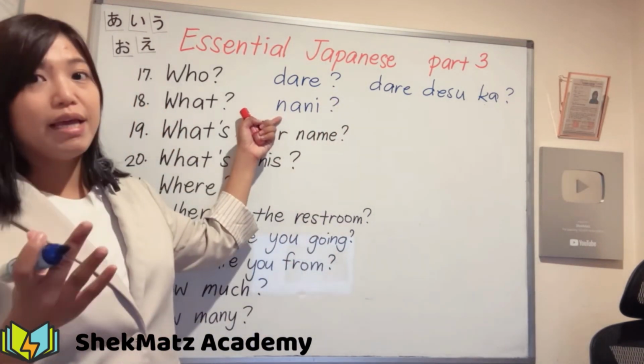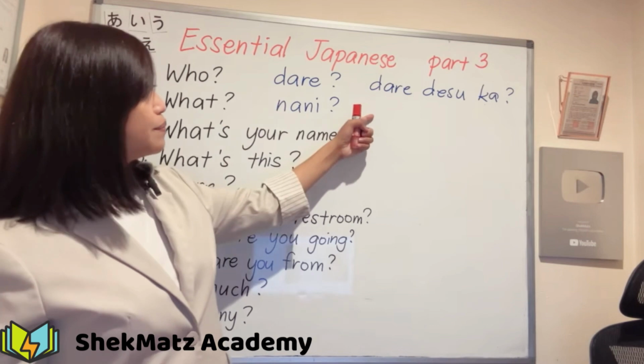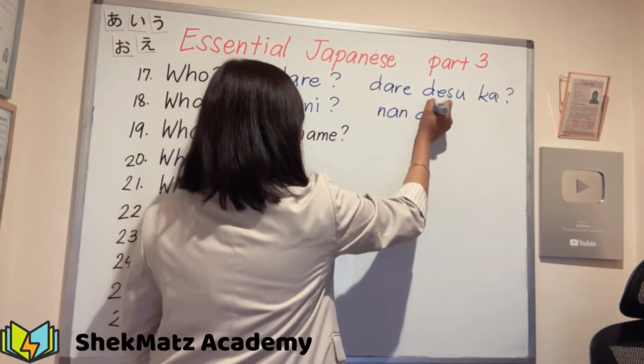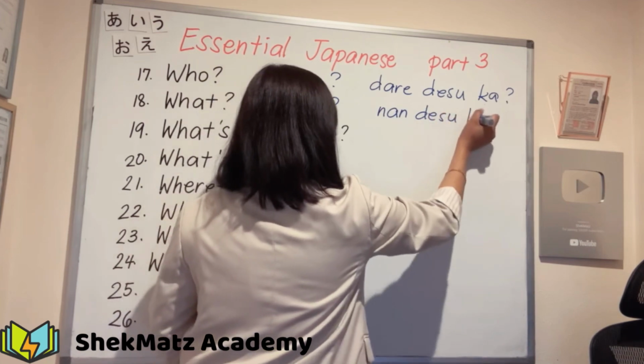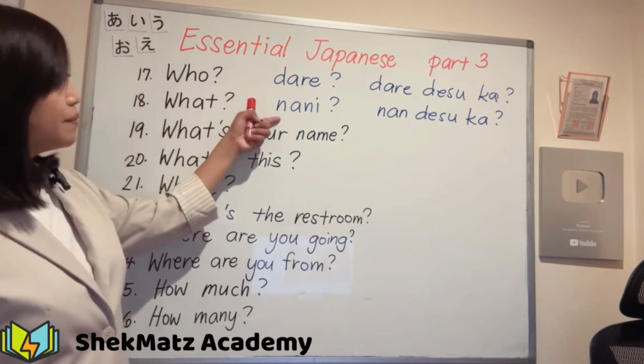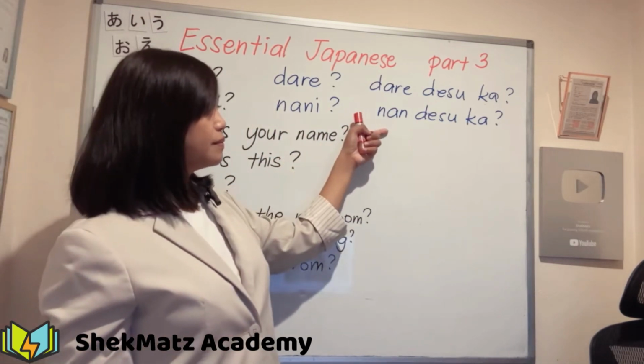Or if you want to say it in a more polite way, 何ですか. Alright, again, what, 何 or 何ですか.